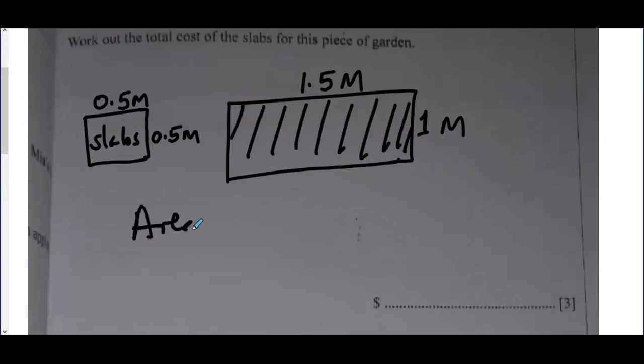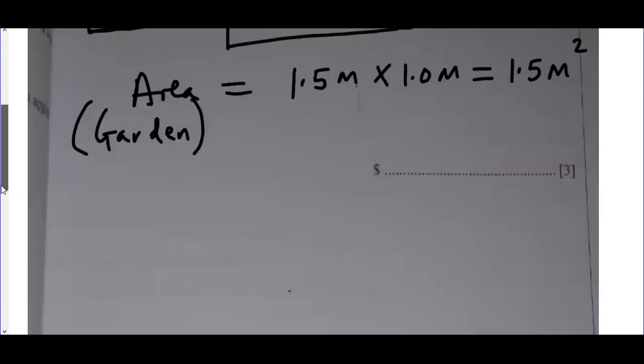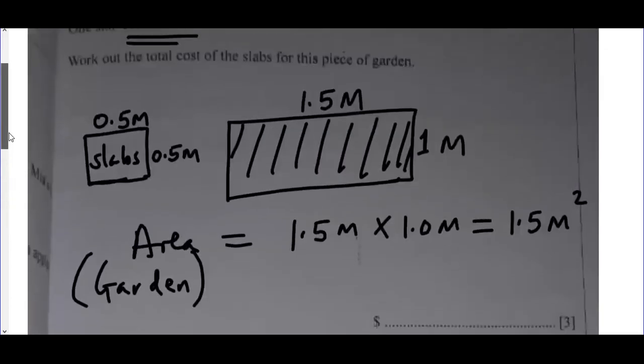So area of this garden will be equal to 1.5 meters times 1.0 meter. Of course, this remains the same, 1.5 meters squared. So this is the area of the garden. Now, I'm gonna go ahead finding the area of one slab. So area of one slab will equal 0.5 times 0.5.